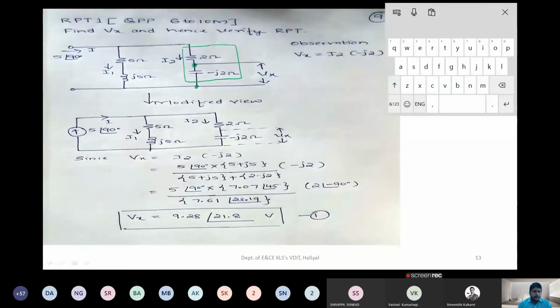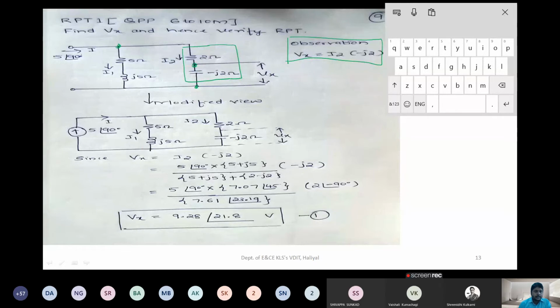Current is flowing like this. If I assume two currents splitting from this end, I1 and I2, what will be the voltage across minus j2 ohm? That will be the current through the j2 ohm multiplied by minus j2 ohm. So first you have to write down this observation. Next, I am just modifying the view.